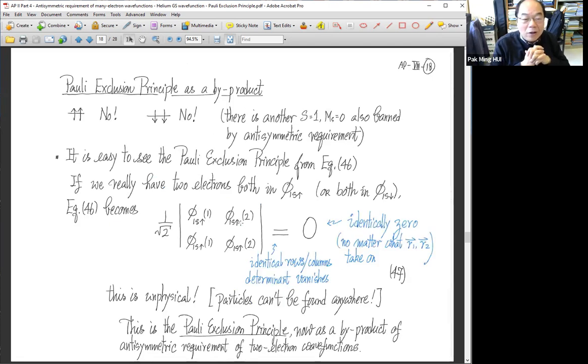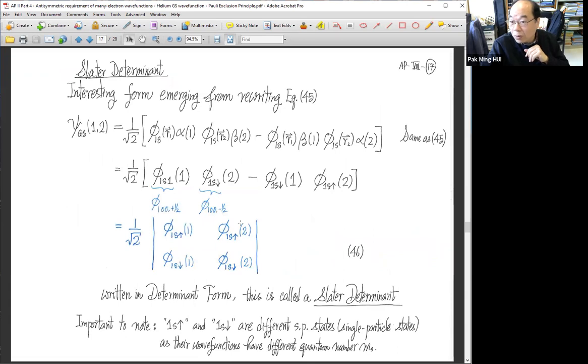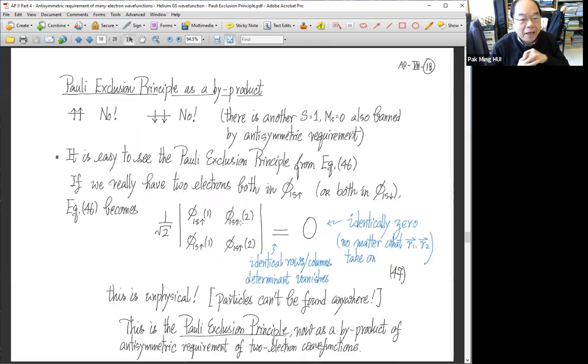So certainly we have some way to do it. And therefore, it is interesting to see whether the determinant also implies Pauli exclusion principle. And here it is. I hope this is another point of breakthrough in your knowledge. You have learned or heard of Pauli exclusion principle many times in different subjects.